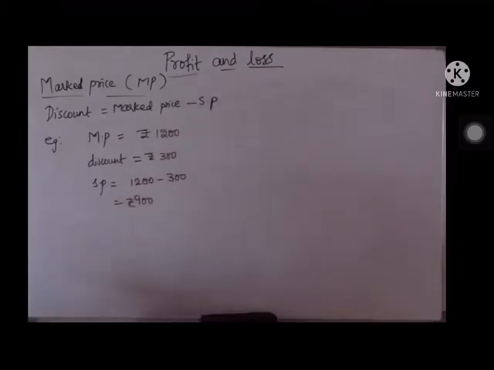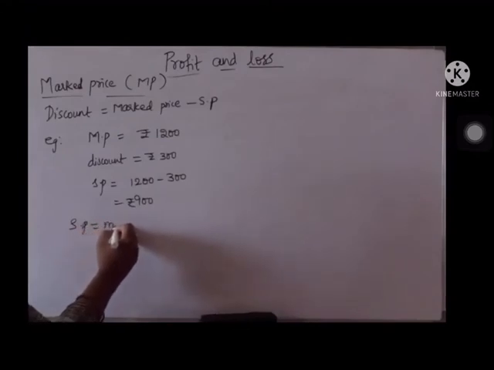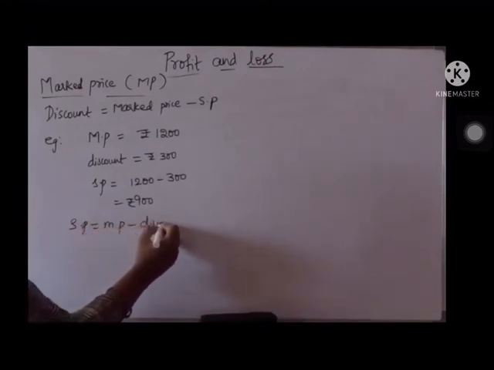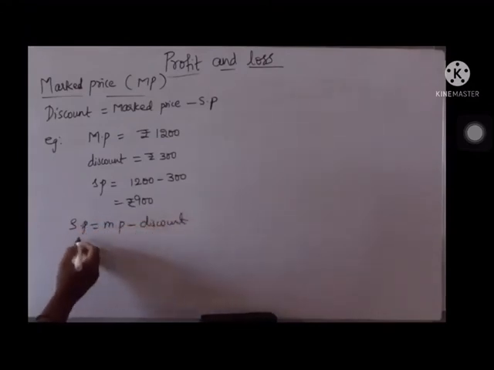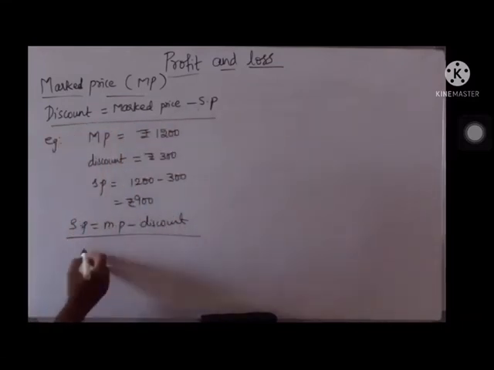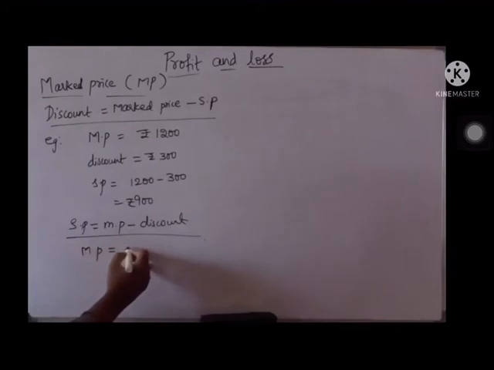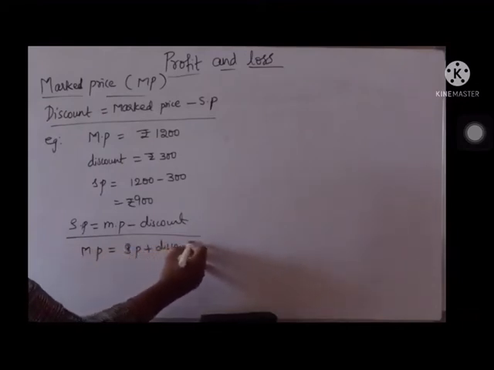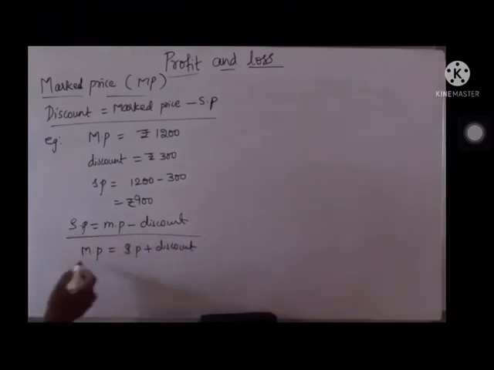Based on these formulas we can write selling price as market price minus discount. Market price is selling price plus discount. Here SP is the subject, MP is the subject, and here discount is the subject.